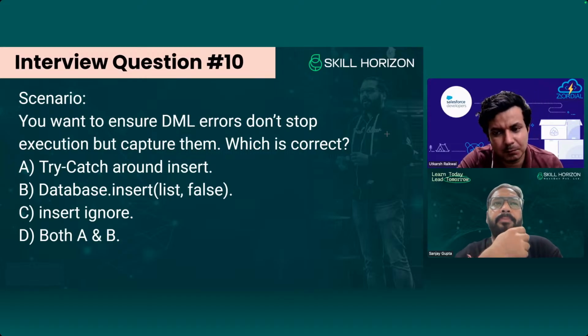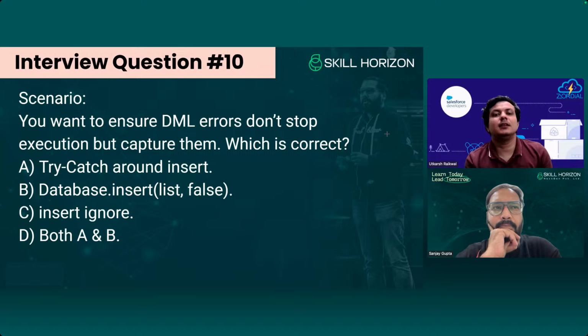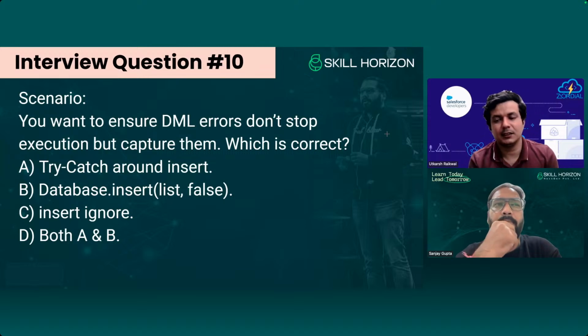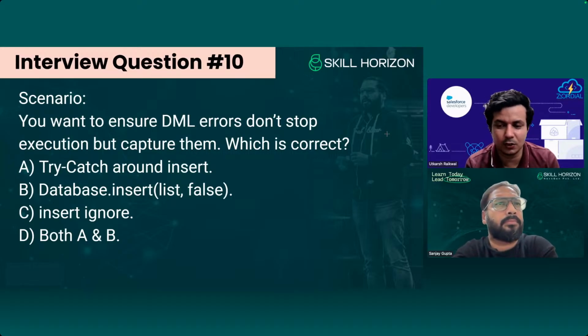Why did you opt for B? Can you compare A and B? In A, the try catch is around the insert. Insert is all about total success or total failure.